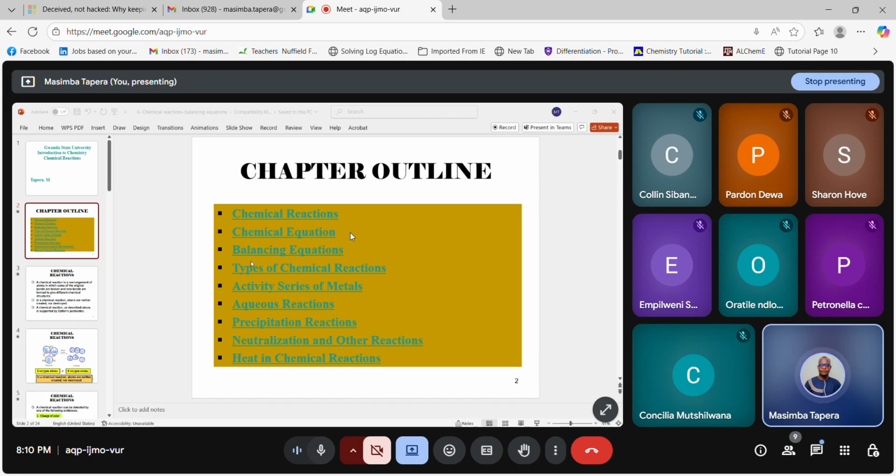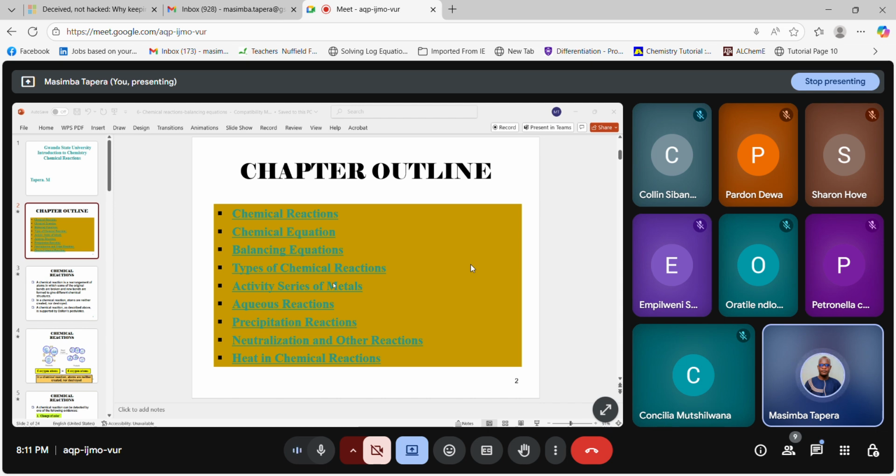There are several other aspects that we will discuss within this chapter. We'll also need to understand the types of chemical reactions. We'll also need to discuss the activity series of metals or the activity series of elements, different types of reactions including aqueous reactions, precipitation reactions, neutralization reactions, other reactions like reduction and oxidation, redox reactions, heat changes in chemical reactions, that is the aspect of endothermic and exothermic reactions.